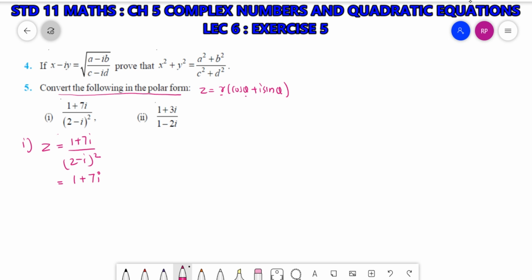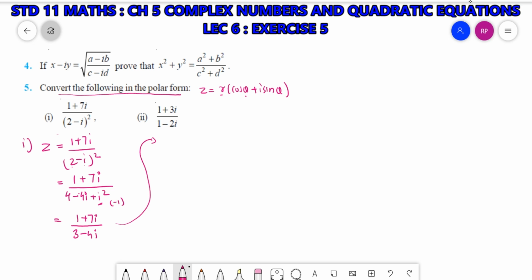So (1 plus 7i) upon (a minus b) whole square: a square, that is 2 square, 4, minus 2ab, 2 into minus i, sorry, into i, that will be 4i, plus b square, that is i square. Now i square means minus 1. So this will be (1 plus 7i) upon (4 minus 1), that will be equal to 3 minus 4i.